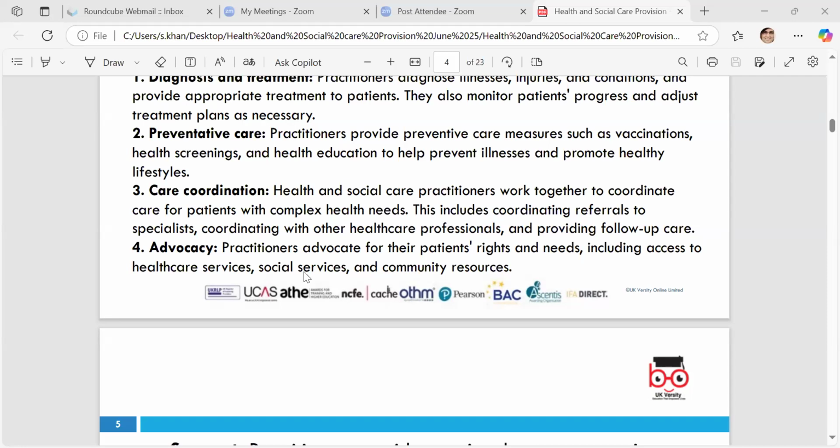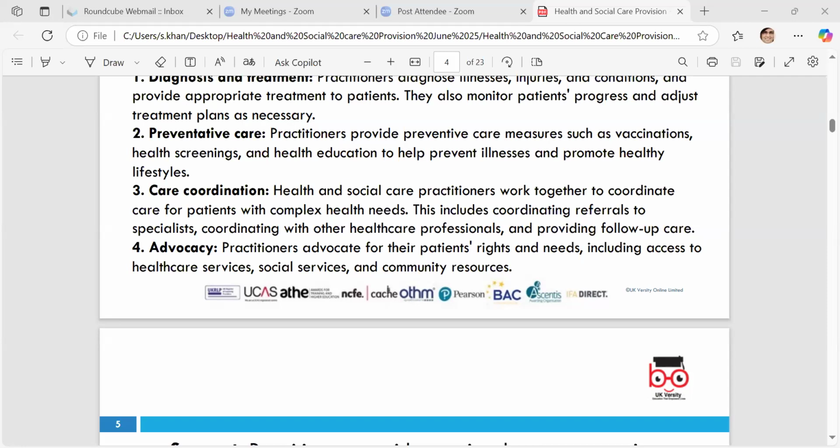Then you've got advocacy, where the advocate represents the patient's rights and needs, including what accessibility they have to health and social care services if they have to be referred. An advocate would represent that person's interest to ensure they're heard in care planning and decision making.